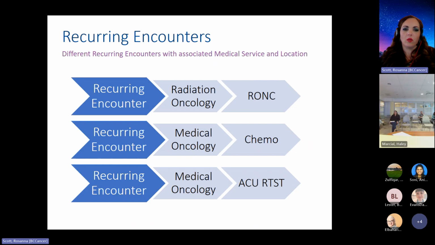And then the other one would be the recurring encounter with the medical oncology medical service and the chemo location for all the chemo infusion visits. And then the recurring encounter of medical oncology, ACU, RT, and this would be the visits between cycles for chemo treatment, or while the patient is receiving their chemo when they're seen in the clinic by the oncologist.